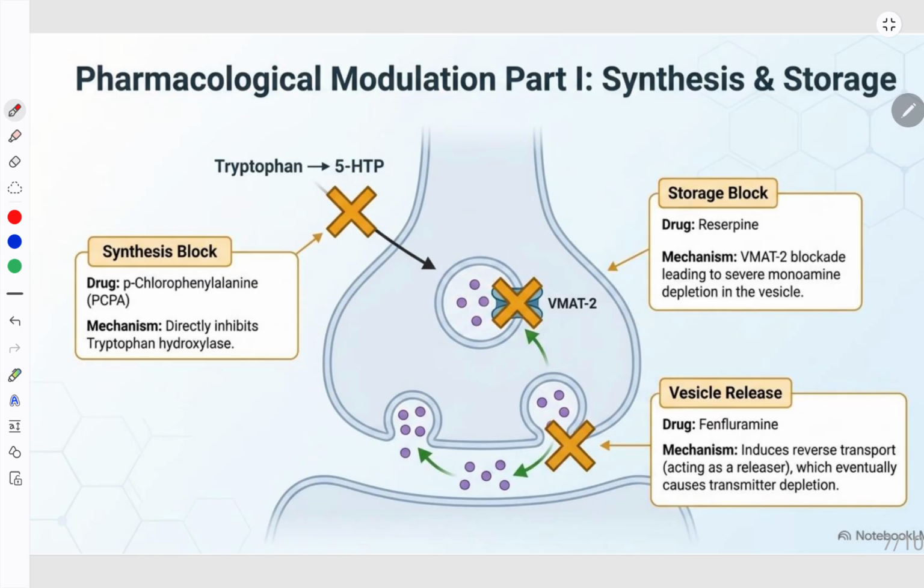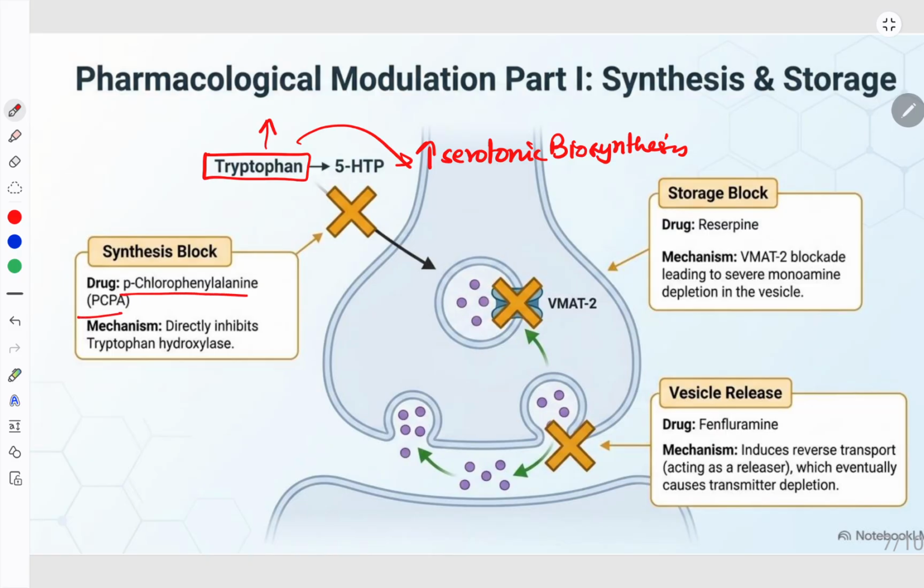Let's look at what are the strategies for the pharmacological modulation of serotonin levels. Simply, tryptophan is the precursor, and therefore a high tryptophan level will lead to increased serotonin biosynthesis as well as release. The synthesis blocker is a molecule parachlorophenylalanine, also commonly known as fenclonine, which is an experimental molecule used to inhibit the enzyme tryptophan hydroxylase.